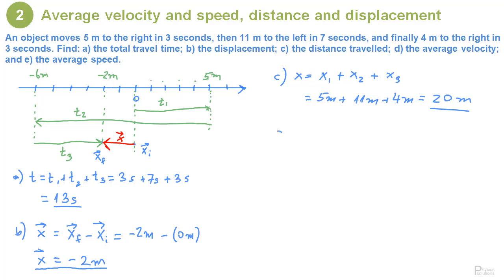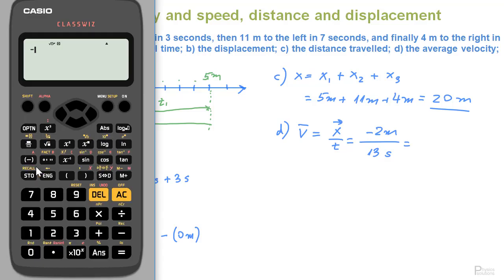Alright, part D. Find the average velocity. So average velocity sometimes is denoted with a little bar on top. It's also a vector and is given by the displacement divided by the total time. So we know the displacement is minus 2 meters divided by the total time, which is 13 seconds. Here we need to plug these numbers in our calculator. Minus 2 divided by 13.